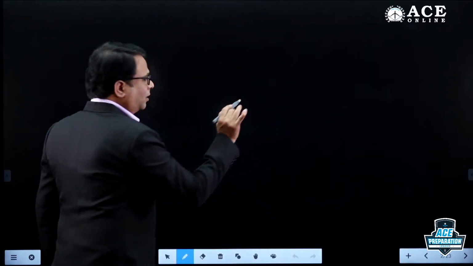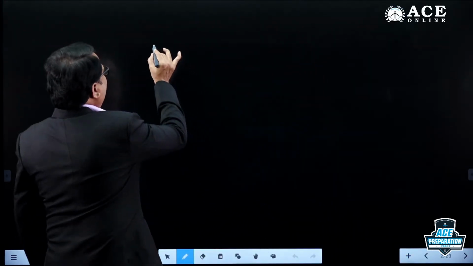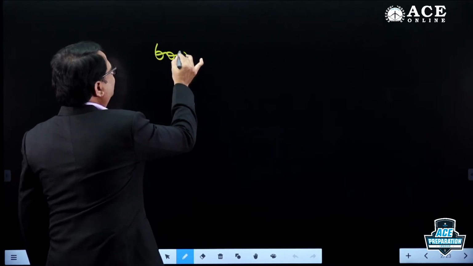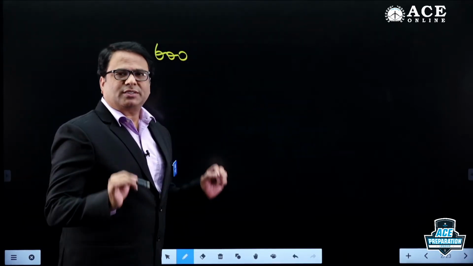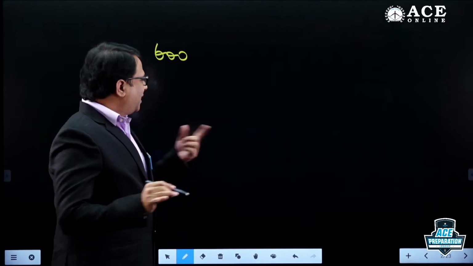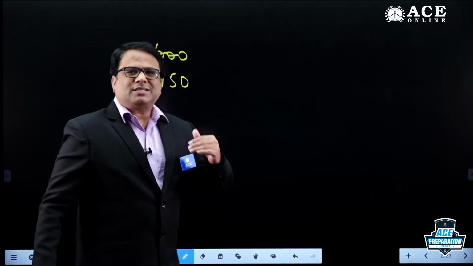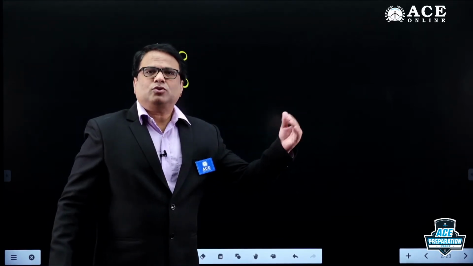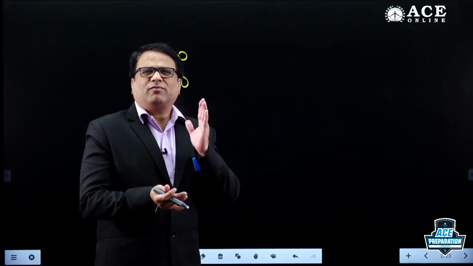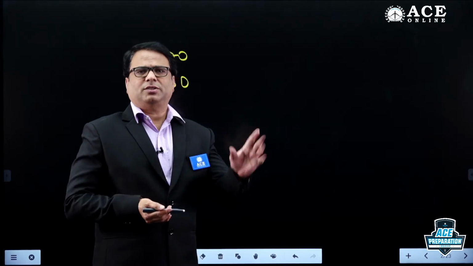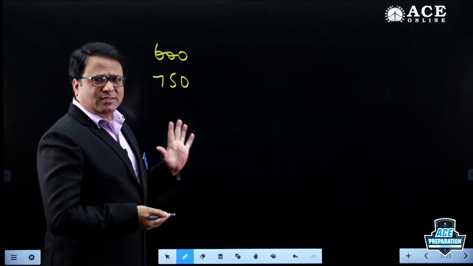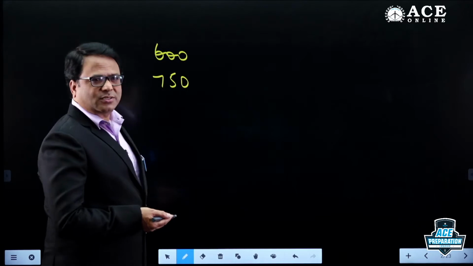Right. Now, suppose my score in the first test is 600. My score in the first test is 600. And my score in the second test is 750, then what is the increase percentage in my score? So this is one of the basic calculations in percentages. Score in the first test is 600, score in the second test is 750.